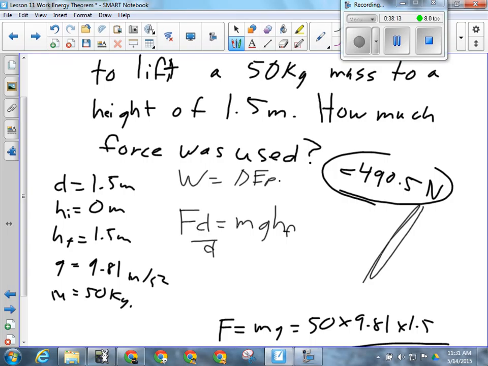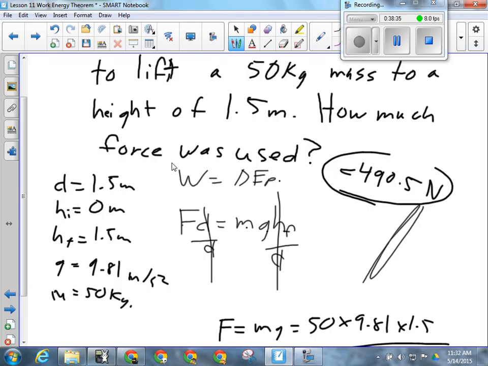That means divide by distance. Here's the trick. Are the distance and the height the same number? Yes. When I lift something 1.5 meters, I exert a force on it for 1.5 meters. So when you plug in your numbers, d and h final cancel each other, and you're left with force equals m times g.